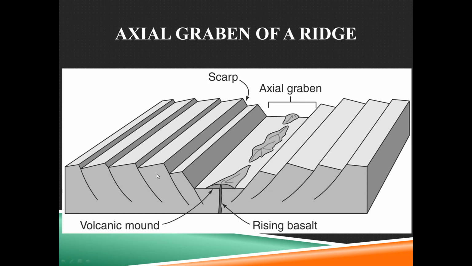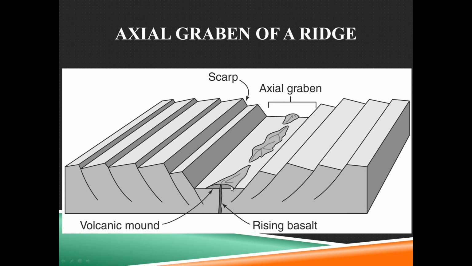So, taking another look, we've got a block diagram here. Here's the rising basalt flooding out. And you can see it's not all the way across, which we'll see again shortly. And this is our trough area, also called an axial graben. Faults towards the middle, coming towards each other on either side of it, so it's a graben.